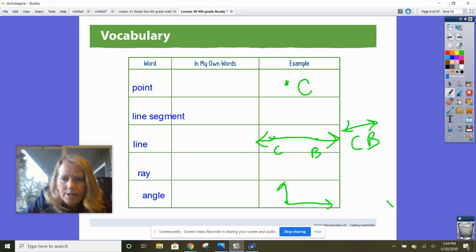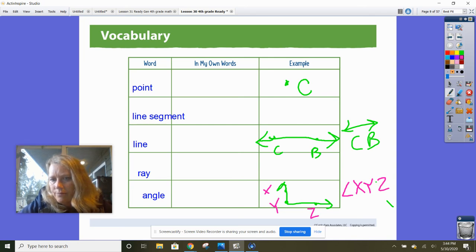It's often 2 rays brought together like that. But you do need 3 points. Remember the letters, that's probably the biggest thing that people will make a mistake on. Let's do X, Y, Z. So that is angle XYZ, because the Y needs to be in the middle because the Y is the vertex. So there's a few examples. I think you can fill out the rest yourself, and you can finish on your own.